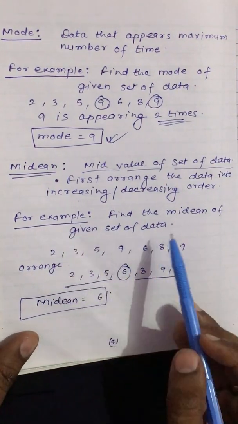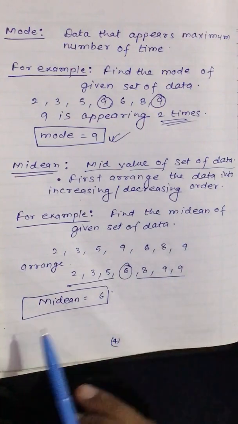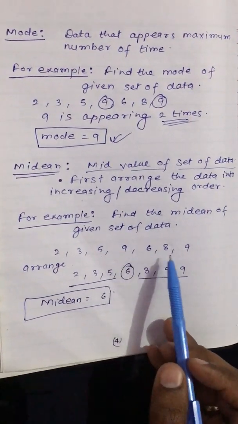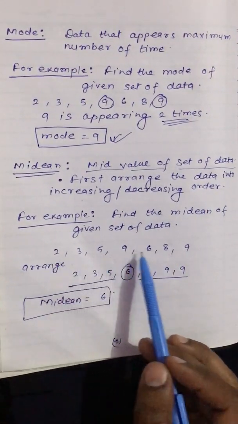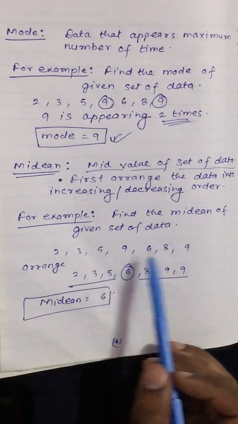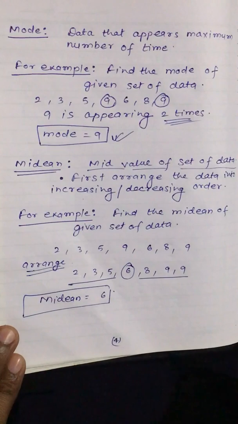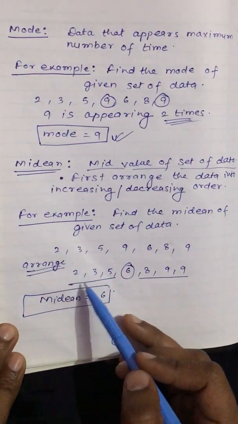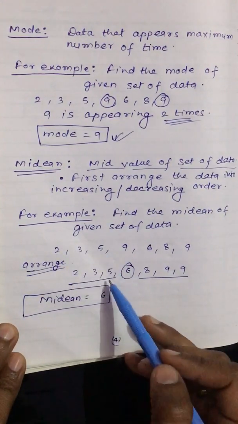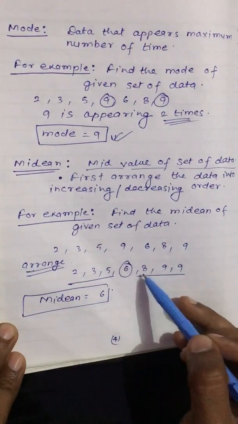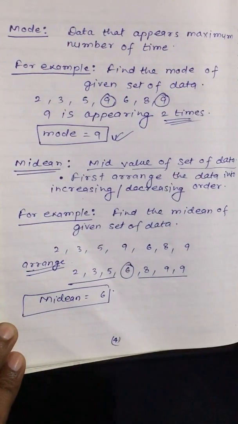So for example, find the median of the given set of data 2, 3, 5, 9, 6, 8, 9. As you can see, these numbers are mixed. They are not in order. So I'm going to arrange in increasing order. First number is 2, then 3, 5, then 6, then 8, then 9 two times.